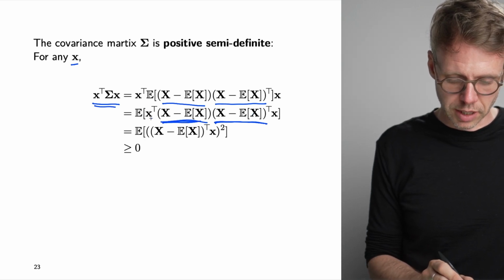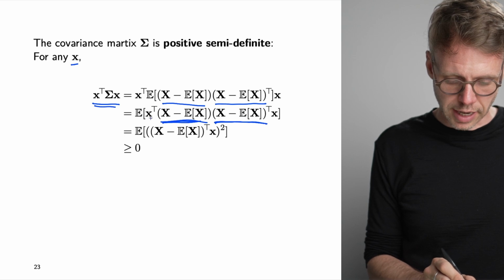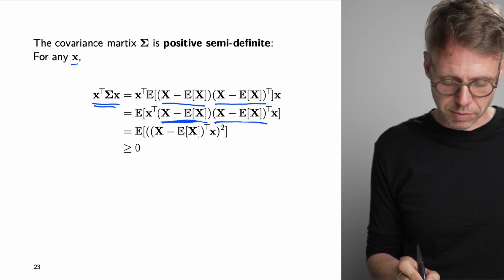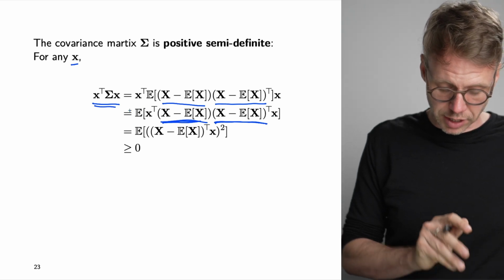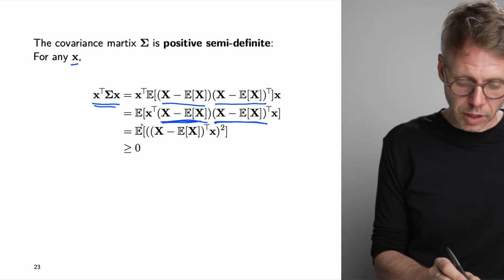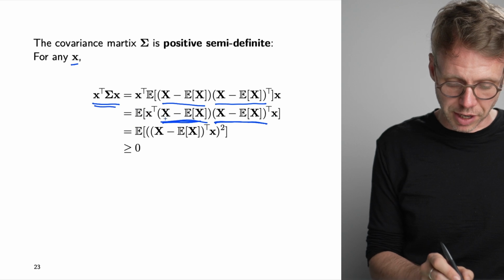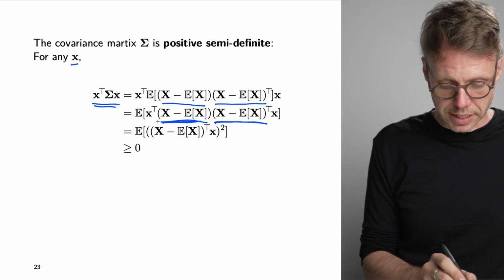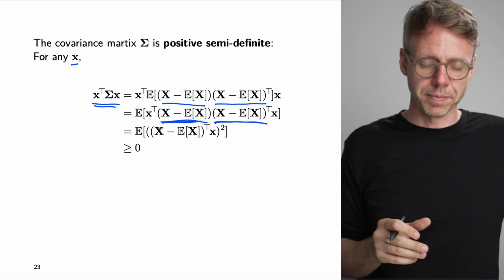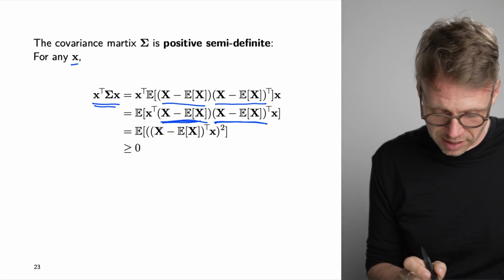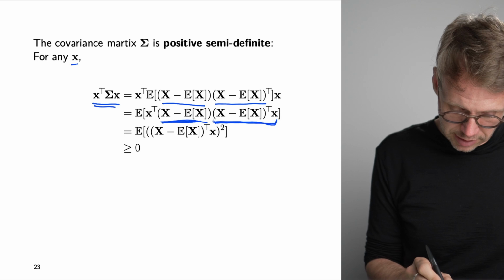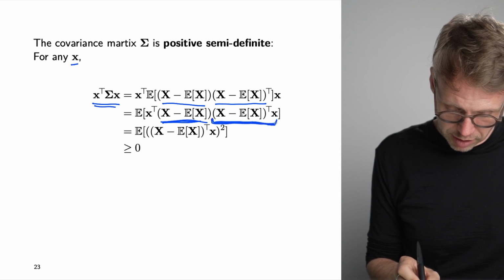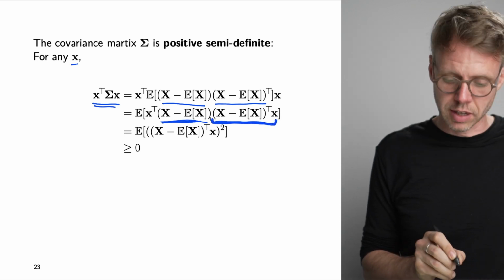So if we take x times this outer product with itself, and ignore so far that we're taking an average here, we know that for every value of the random variable x, this quadratic form inside here will be larger or equal to 0.